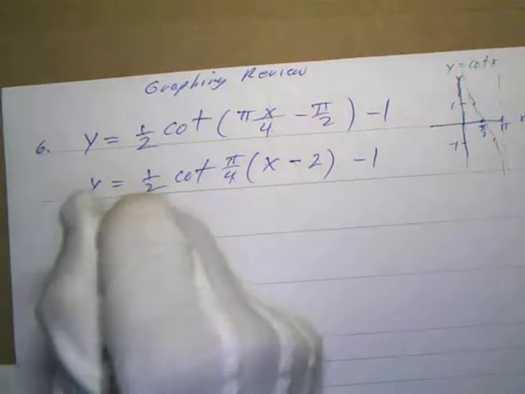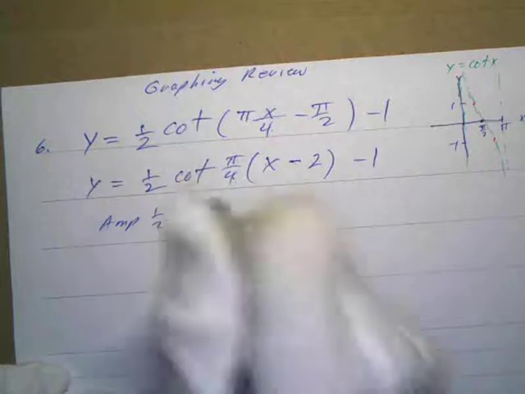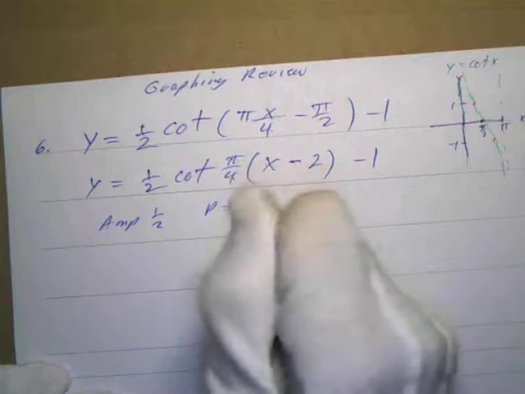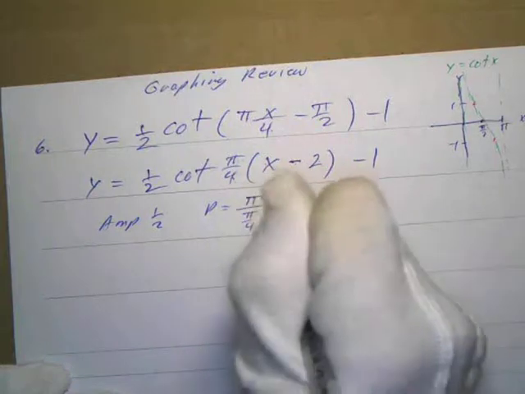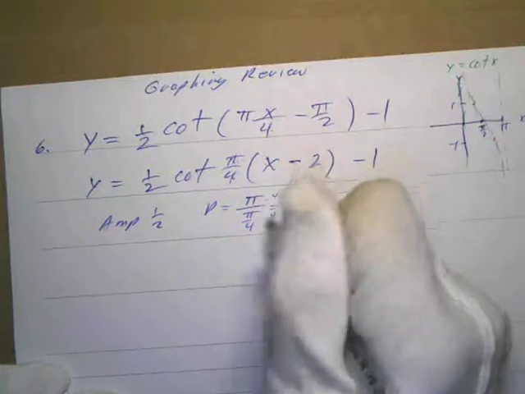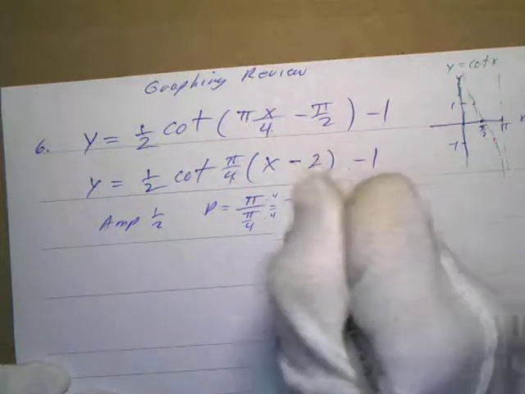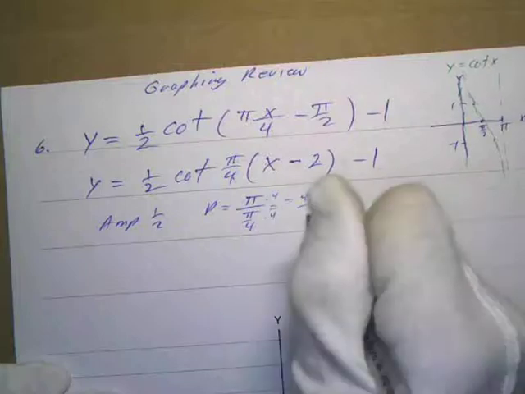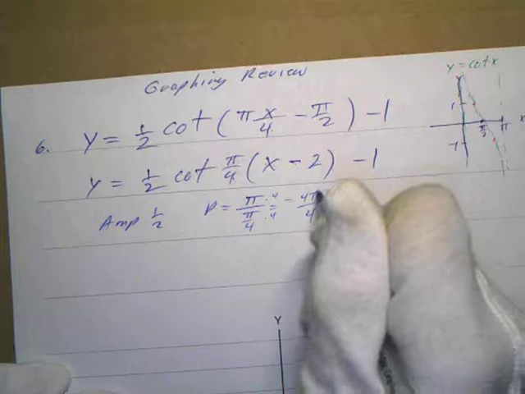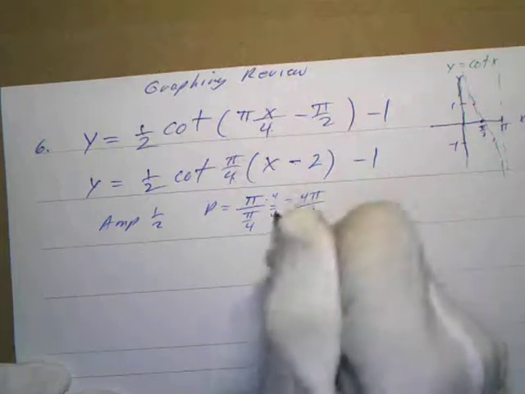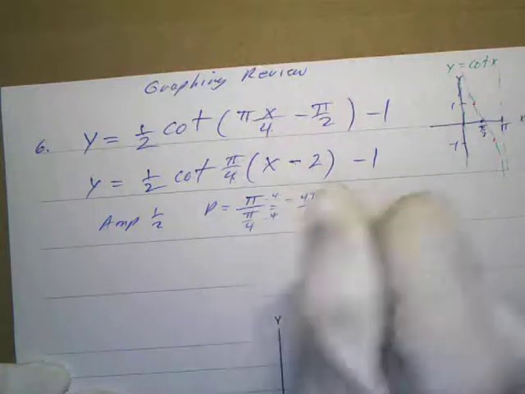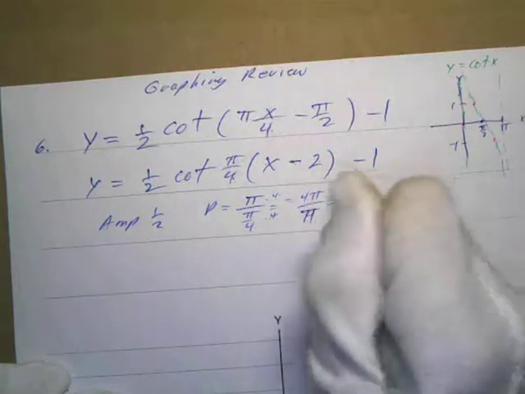Okay, so my amplitude is 1/2. My period is pi over b, which is pi over pi over 4. So if I multiply the top and the bottom by 4, I get 4 pi over pi, which is just 4.